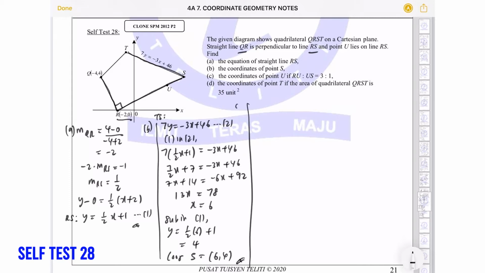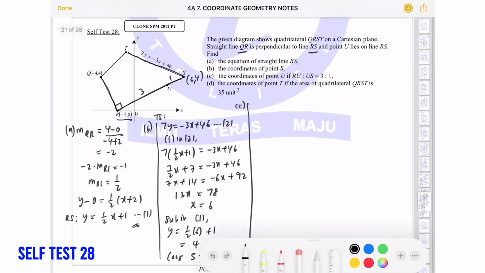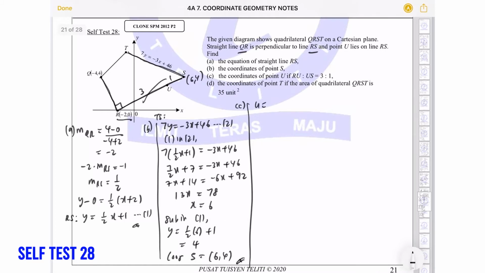Okay, now next part C, I want to find point U. U is a point in between such that the ratio RU to US is 3 to 1. S is (6, 4). So we can say that U is: n times x1, 1 times minus 2, 3 times 6, n times x2.